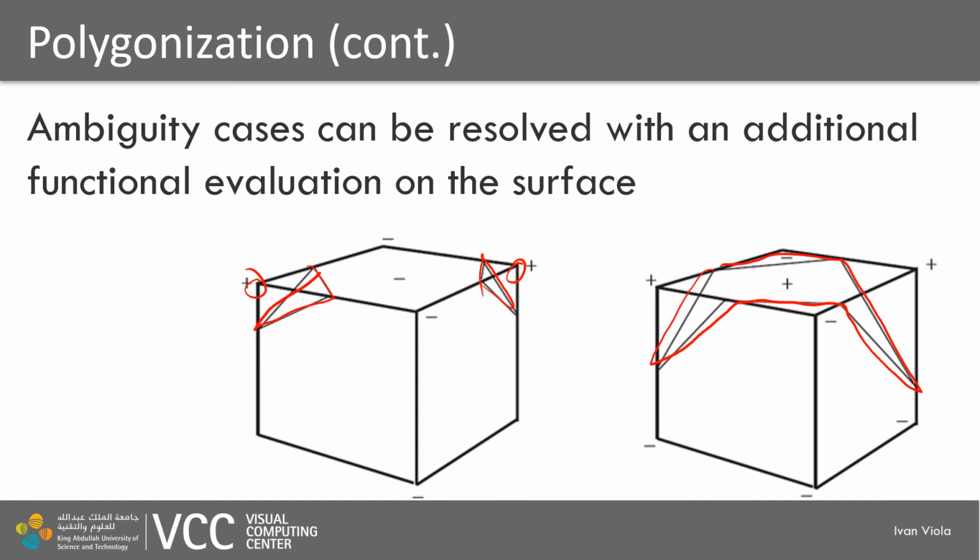We can find it out by making a sample in the middle of the face of our cell, and that one will tell us based on the sign whether it is case 1 or case 2, if the sign will be positive. So the 15 classes can be ambiguous, and therefore sometimes we need to have one more functional evaluation at the cell or face center to find out which case it is exactly.